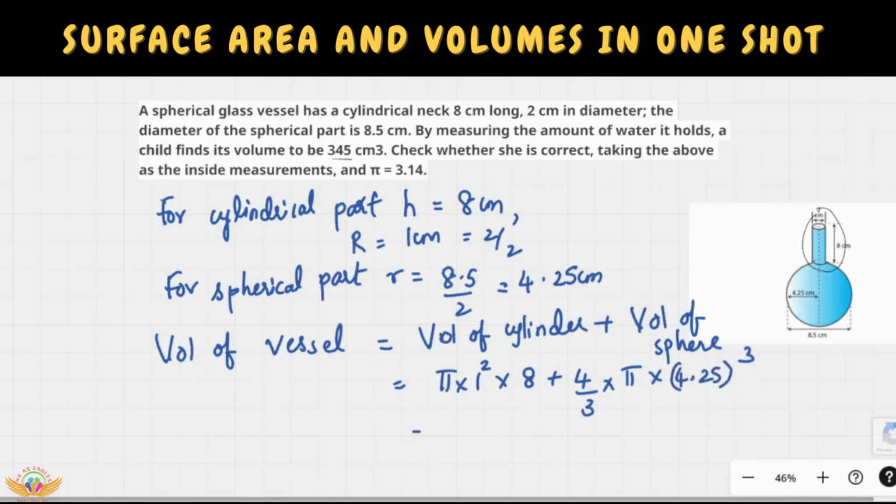Taking pi as 3.14, when you do this, you will get 25.12 plus 320, approximately, so might be like 346.67. So yes, the child is correct. Even they also got around 345. Hence the child is correct.